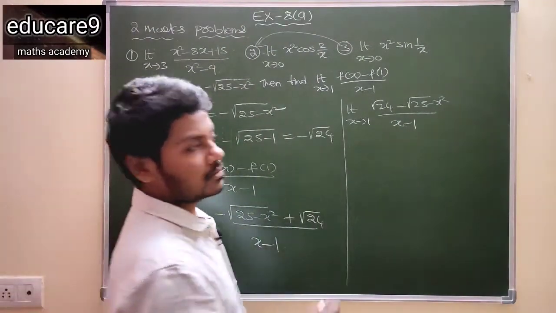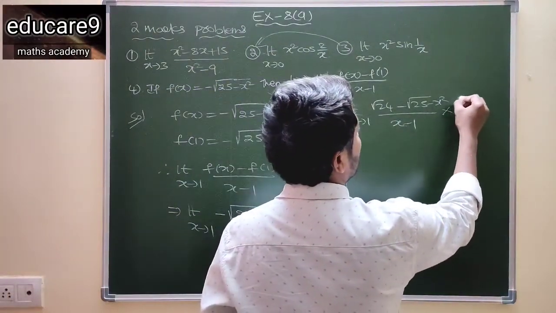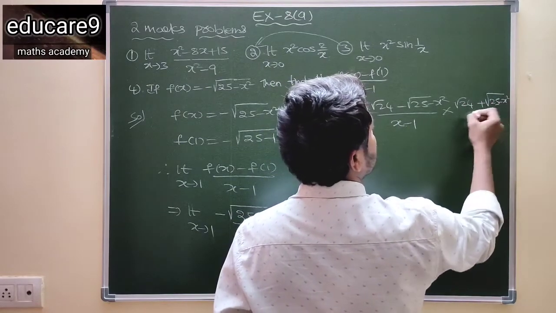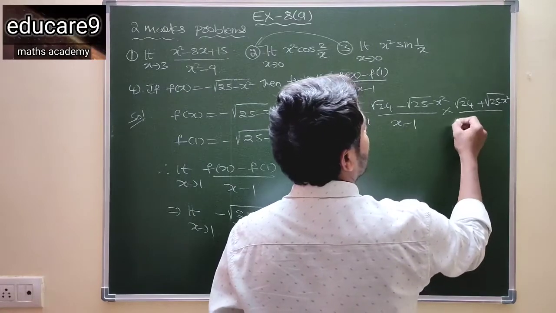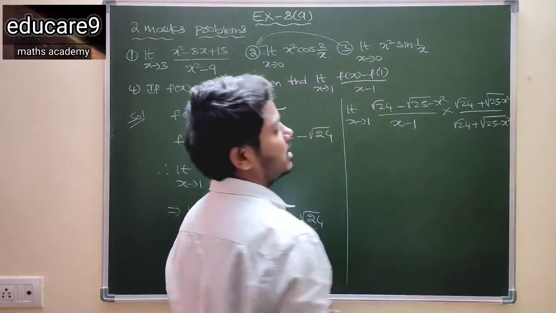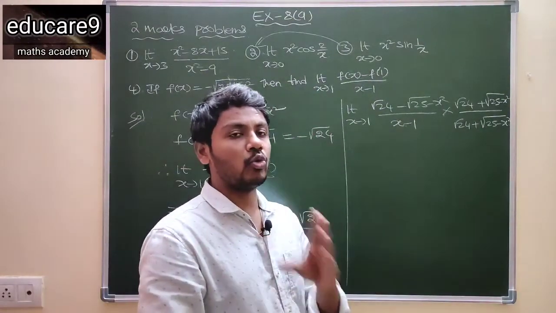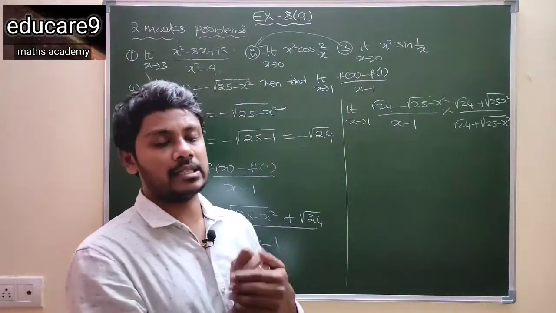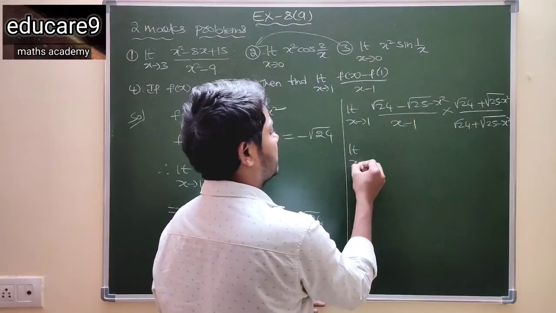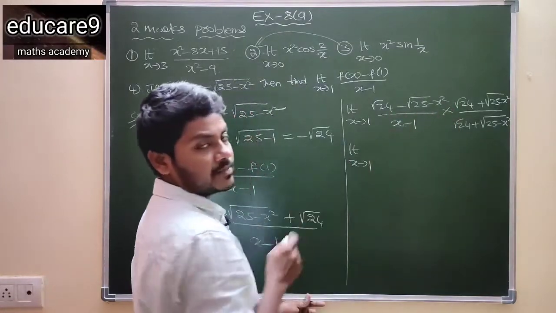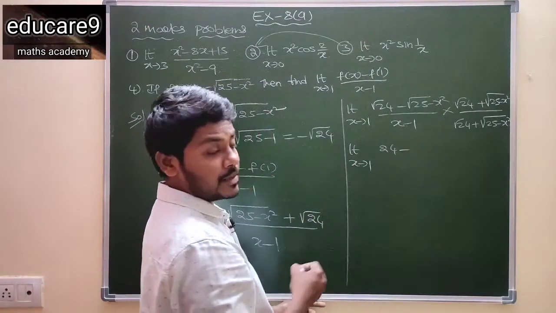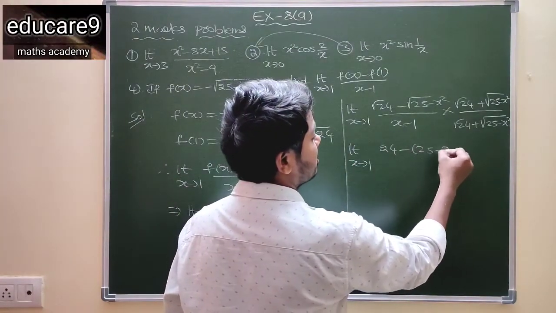So rationalize here. So what do you get? Root 24 plus square root of 25 minus x square, divided by root 24 plus square root of 25 minus x square. If a root is there, then we have to rationalize. So that is the one method. Now this is limit x tends to 1, in the form of a minus b into a plus b. So this is a square, you will get 24, minus b square, you will get 25 minus x square.